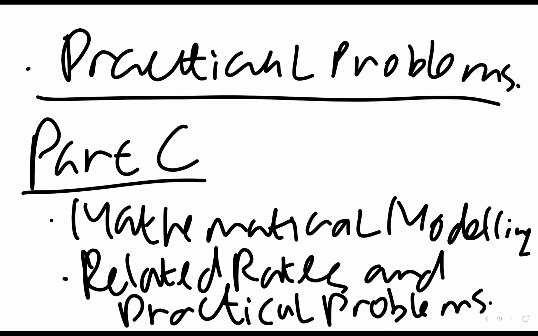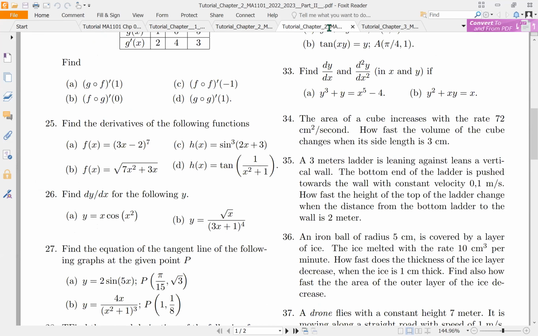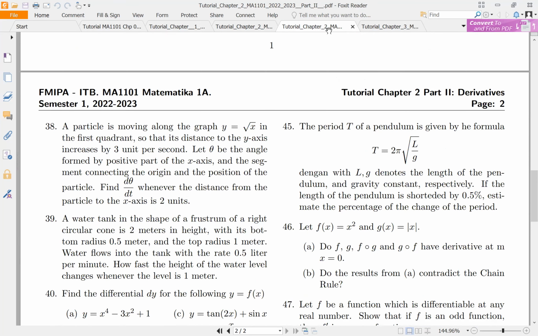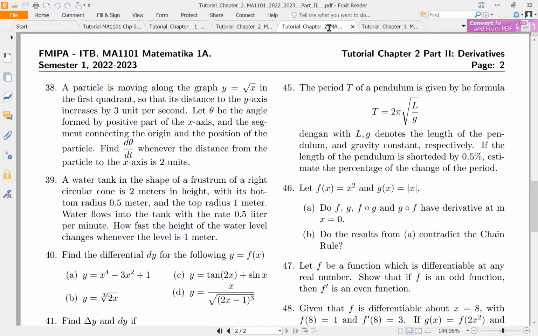For example, if I go back to the tutorial in chapter 2, for related rates it's better to review questions number 34 until 39, especially the longer questions like 36, 37, 38, or 39.